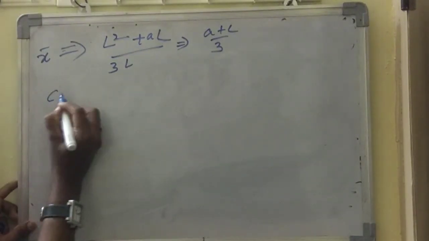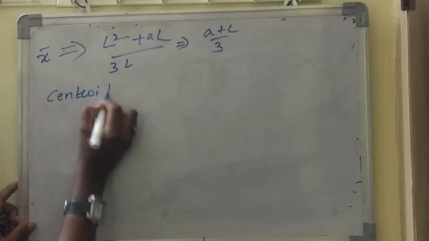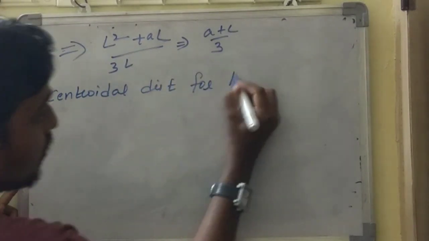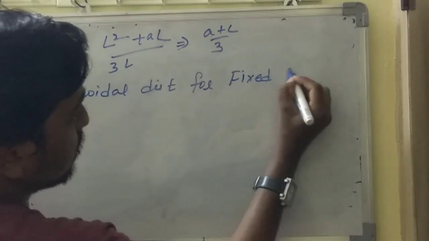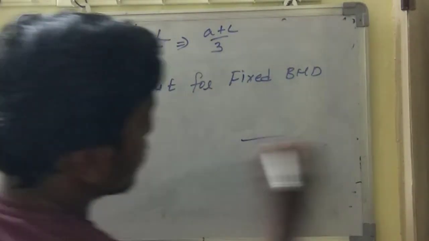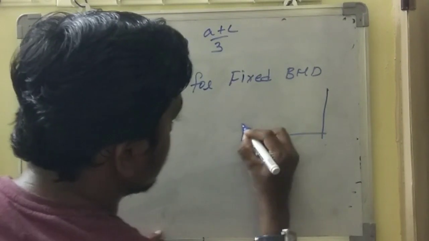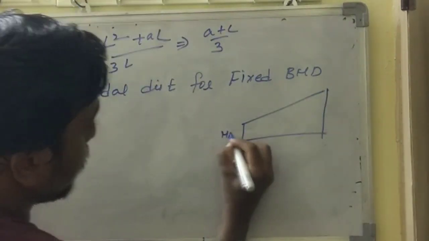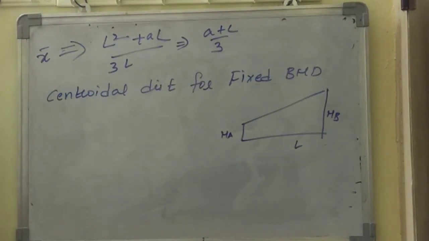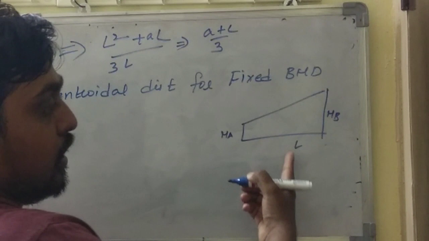And what about the centroidal distance for the fixed BMD for the trapezoid? So this one will be MA, this one will be MB, by L. We have one formula, (a + 2b)/(a + b) into L/3, that is h/3.